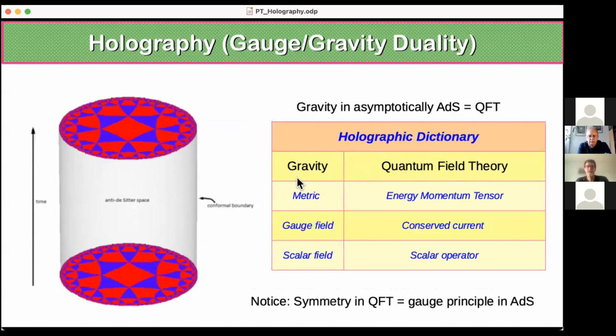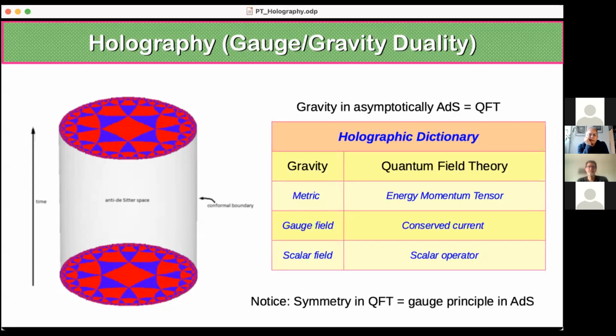So if you study the metric and you allow the metric to fluctuate a little bit around its background value, then you can calculate in the same recipe correlation functions and vacuum expectation values of an object which behaves just like the expectation value of an energy momentum tensor in a quantum field theory. You can actually show explicitly that with this recipe you can reproduce the Ward identities which are valid for an energy momentum tensor in a quantum field theory.